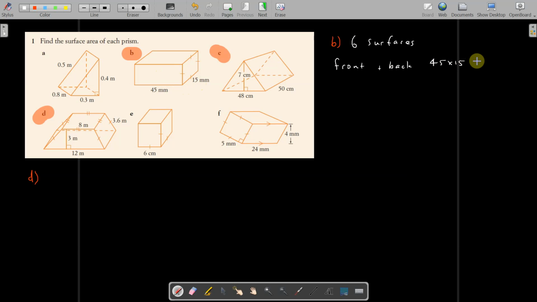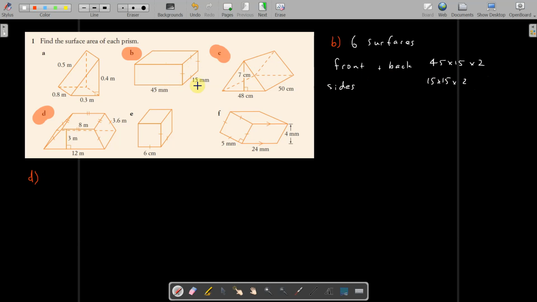And because there's 2 of them, I'm just going to multiply that by 2. Now the 2 sides, the area of this side is 15 by 15, and there's 2 of those, so times 2.